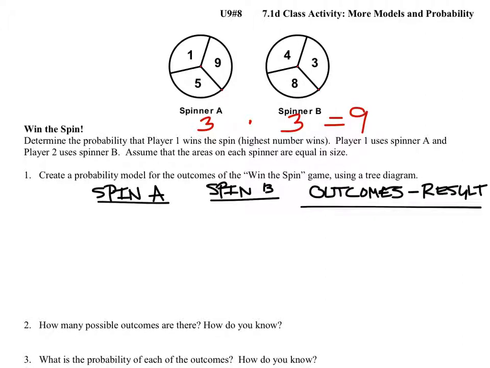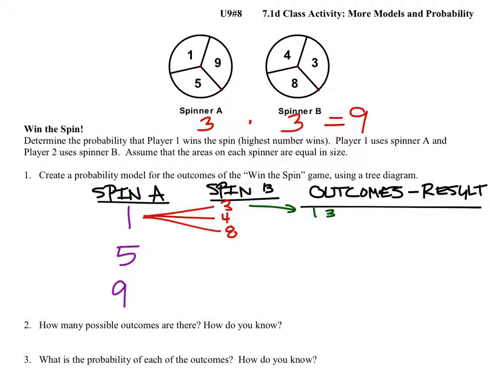So just looking at spinner A to start, what are the possible outcomes for spinner A for person 1? You can get a 1, a 5, and a 9. Now let's say that person 1 spun a 1 from spinner A. Then from that 1, perhaps person 2 could spin a 3, maybe a 4, but maybe also an 8. Now again, this produces some of our outcomes right here.